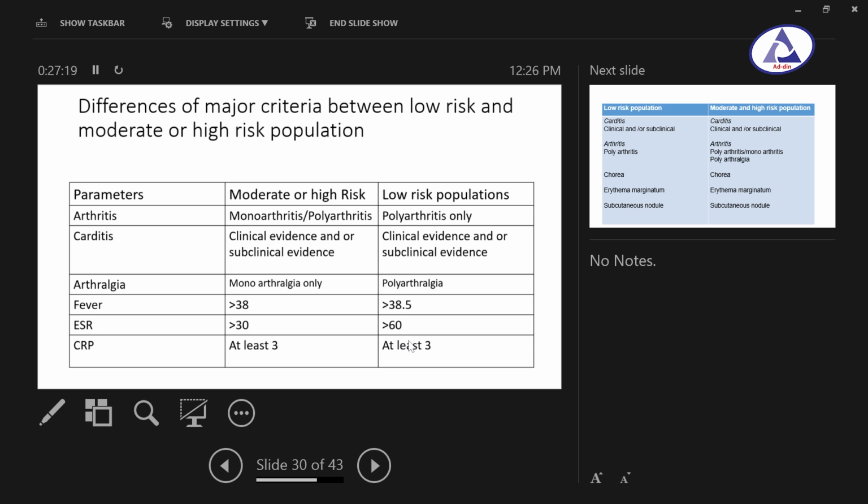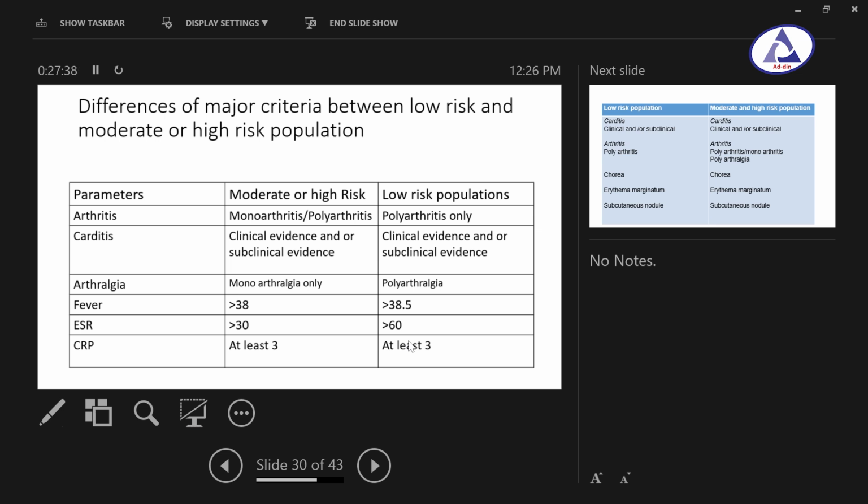So arthritis, monoarthritis is enough in the moderate or high risk population. Another is that monoarthralgia is also enough instead of polyarthralgia.